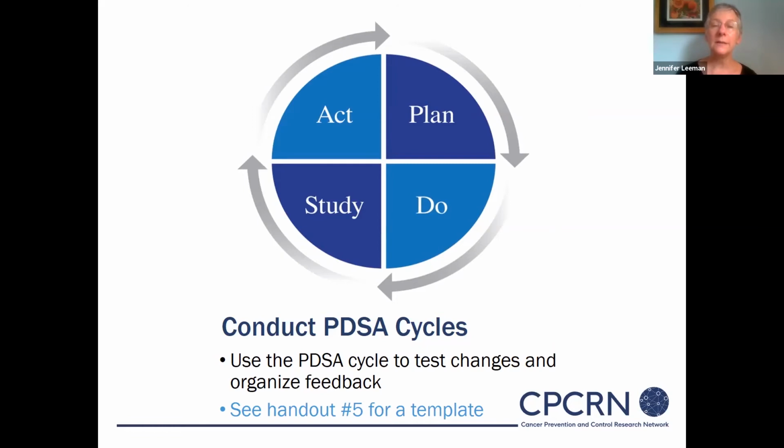So you can conduct these prior to implementing your intervention or while you're implementing your intervention. And the goal here is to plan for really small, feasible, simple tests that you can do in a short period of time to just understand what's working well and what's not, and make improvements over time.